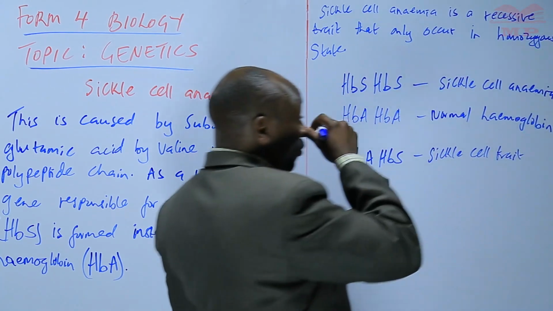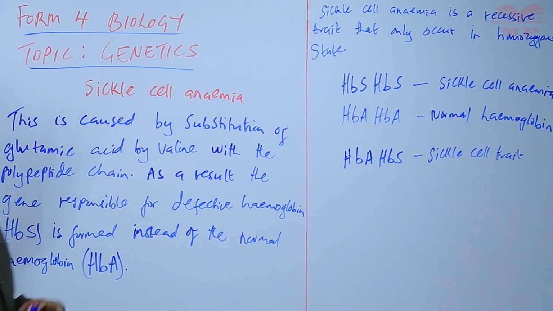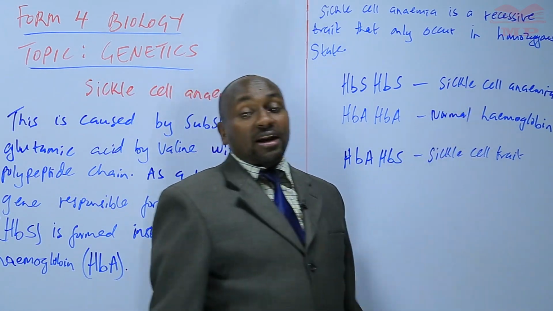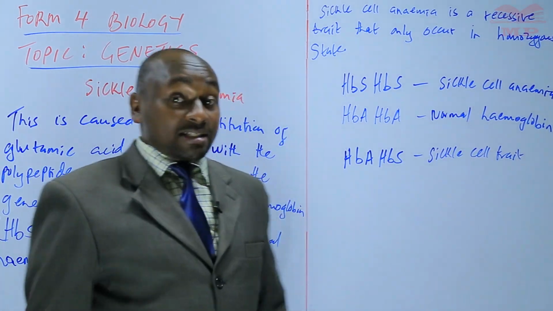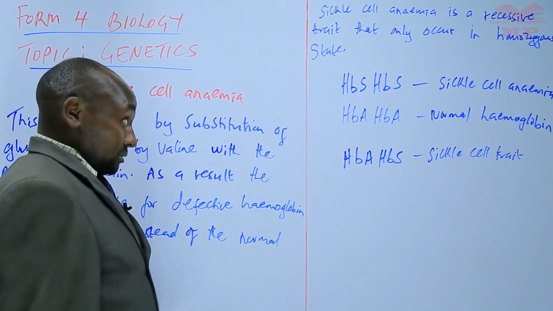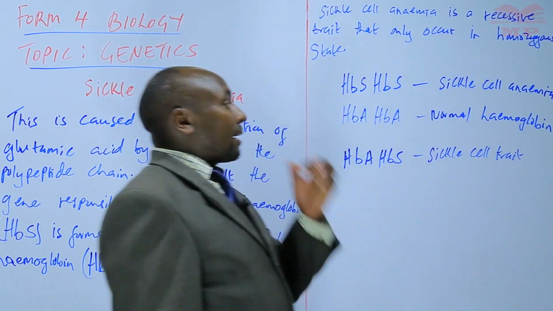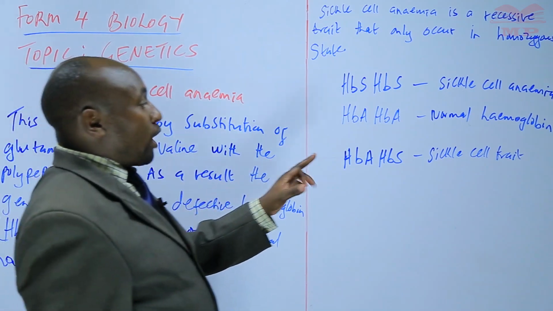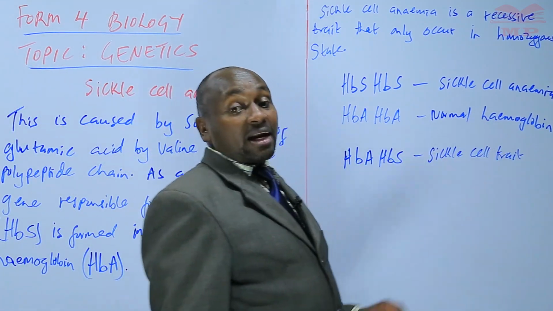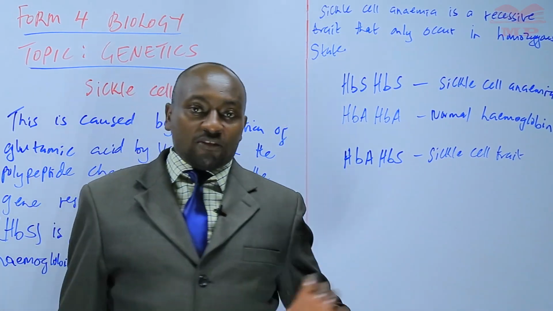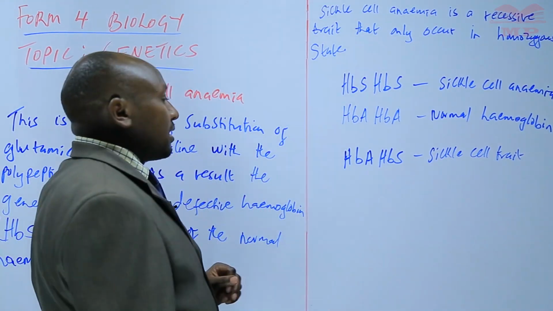So just to have an overview of those three situations: sickle cell anemia is whereby all the red blood cells assume a sickle shape, and therefore they carry defective hemoglobin. The normal hemoglobin is whereby the red blood cells have the normal biconcave disc shape.